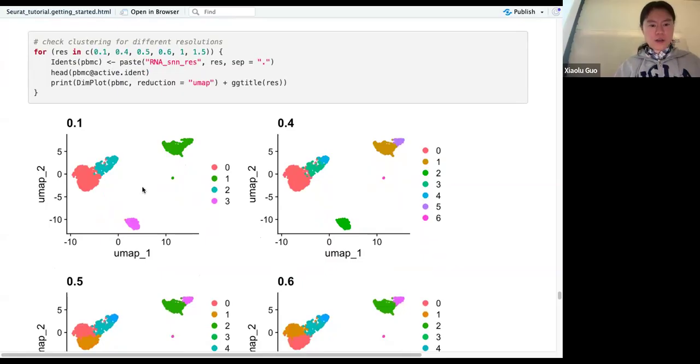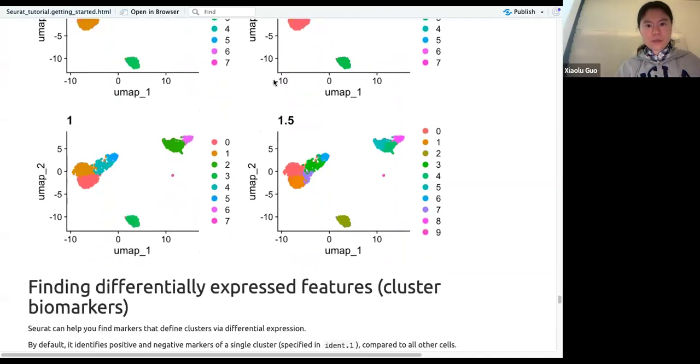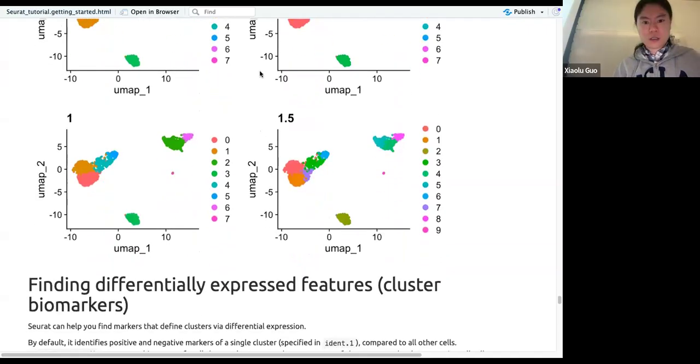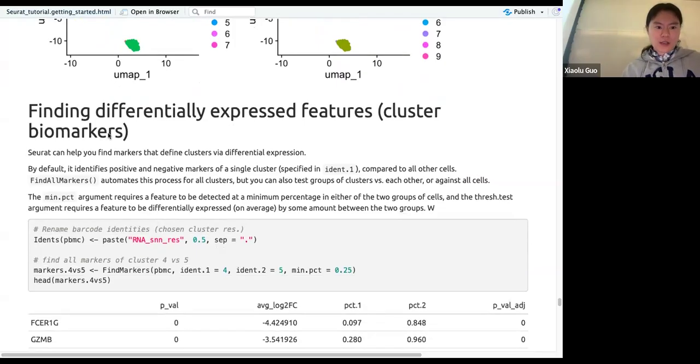Here is a low resolution clustering and higher resolution clusterings. This is what we are processing now, resolution 1.5 with 10 clusters, and we can see the higher resolution. Now what we will do is find differentially expressed features, or genes.